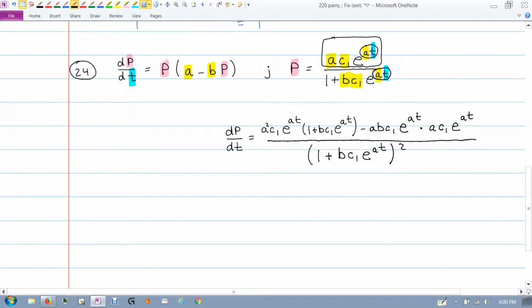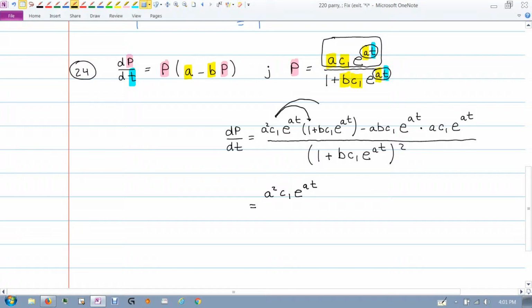I'm wondering if I should distribute this through first or not. Yeah, I don't think there's any way around it. Let me try and clean it up. Okay, when I take this whole factor and distribute there, times 1 is itself, a squared c sub 1 e to the at.